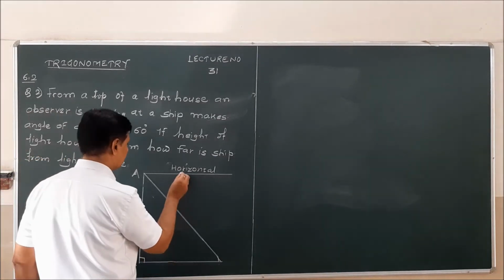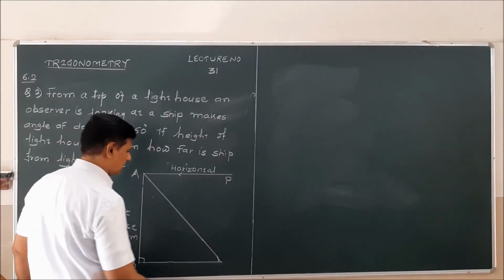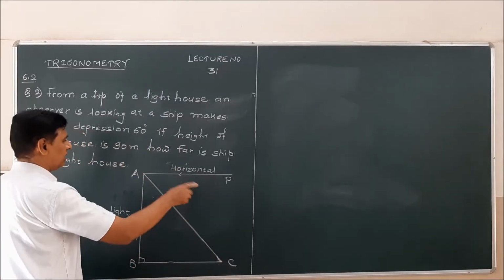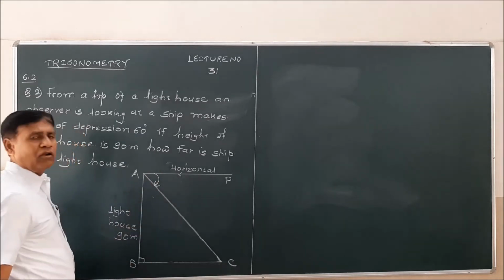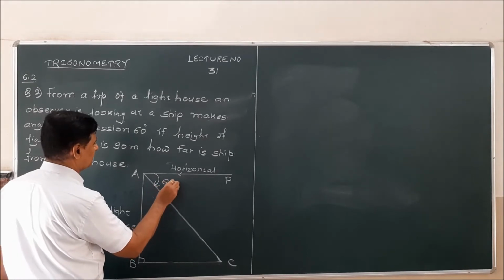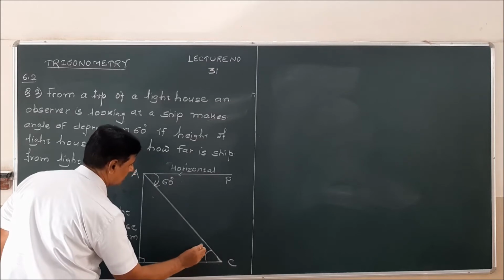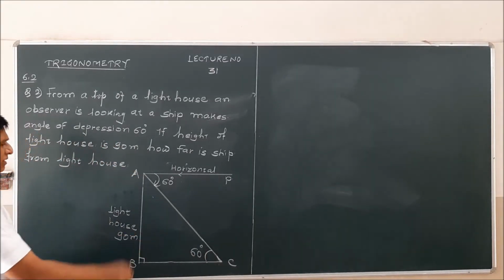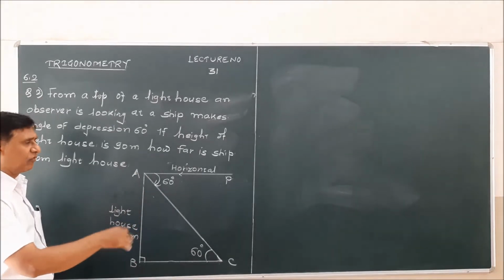Then you will find, if I take this as point B, then this angle is the angle of depression, and the measure of the angle of depression is 60 degrees. How far is the ship? C is the position of the ship.